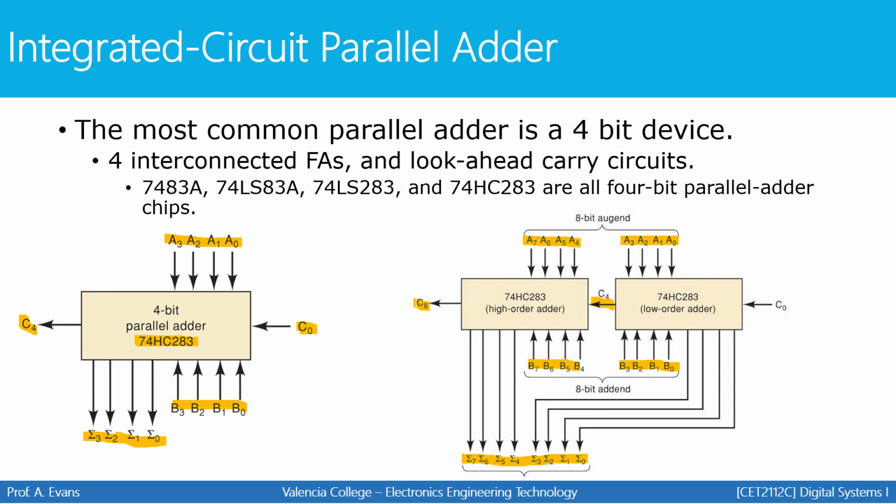So cascading is something that's very common because the 4-bit parallel adder is only great for 4 bits. What if I need to add an 8-bit number together? What if I need to add 2 16-bit numbers together or 2 12-bit numbers together? I would have to cascade the 4-bit adder in order to do that. So this is what cascading looks like, and you would have your higher order adder.